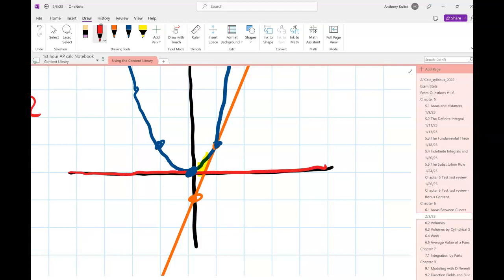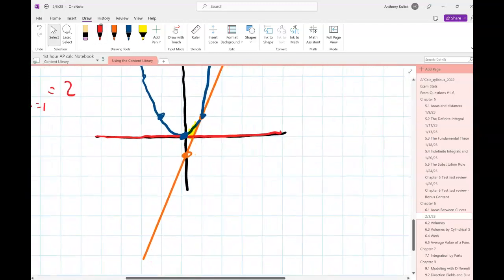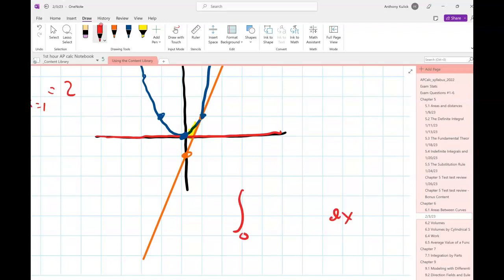Should we integrate with respect to x or y? That's fine. I think that's fine. So we're going to do dx's, and we're going to start at 0 and go to 1. And the parabola is always on top. So we're doing that, right?